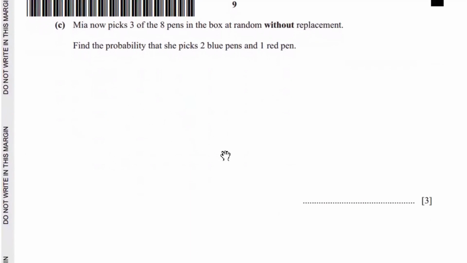Then it says Mia now picks 3 of the 8 pens in the box at random without replacement. Find the probability that she picks 2 blue pens and 1 red pen. So she's picking 3 and we want 2 blue and 1 red. So she could pick blue, blue, red, or blue, red, blue, or red, blue, blue.